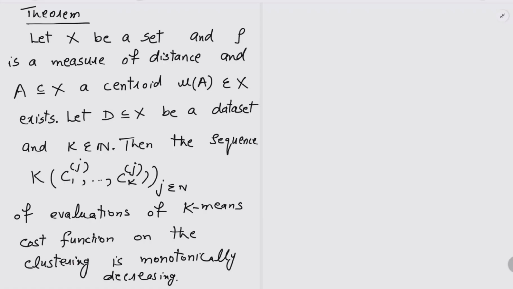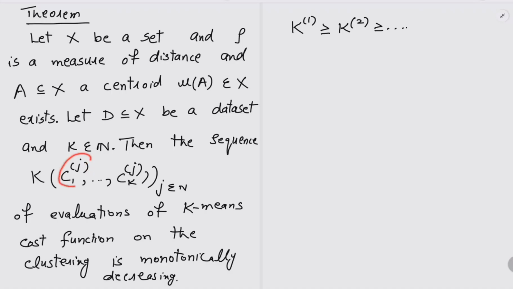So how does the K look? The K value for 1 is always greater than the K value of 2 and so on. How many? It depends on how many iterations you have. Here, this J is the natural number which says the iteration number.